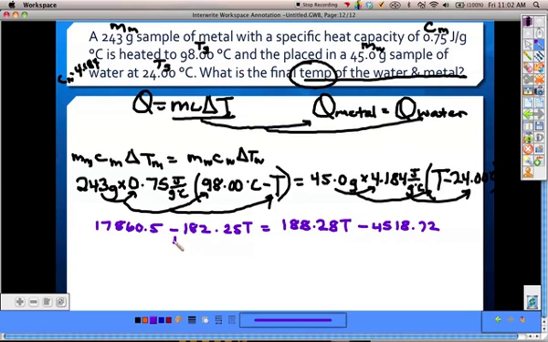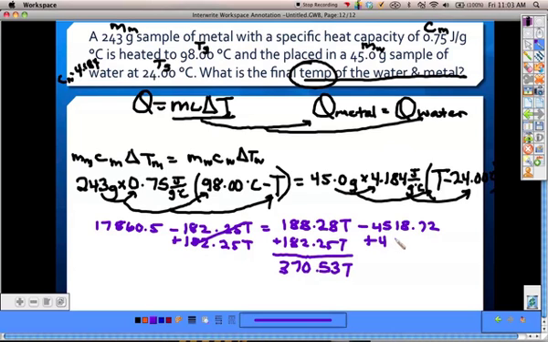So what I'm going to do is add to both sides 182.25 T's. That cancels the 182.25 T out on my left side, and I'm going to get a value of 370.53 T's on my right side. And I am going to add to both sides 4,518.72.